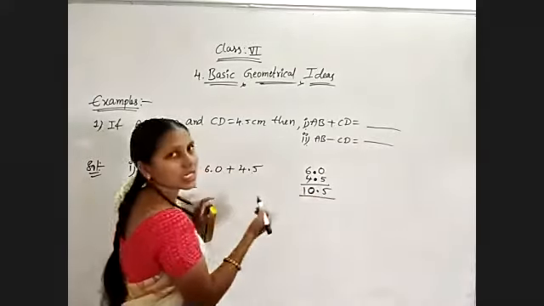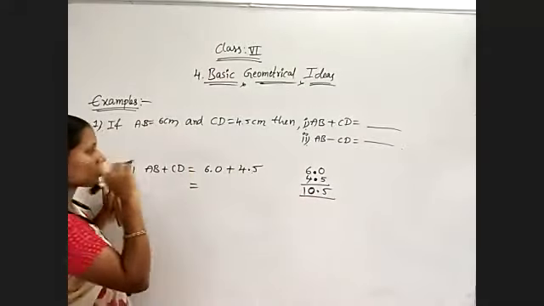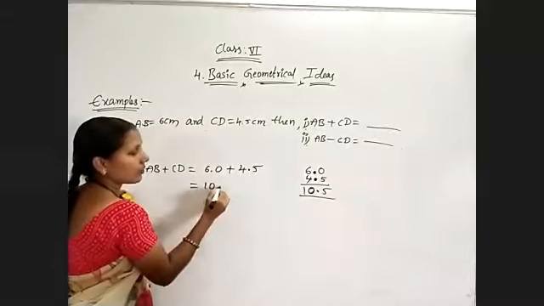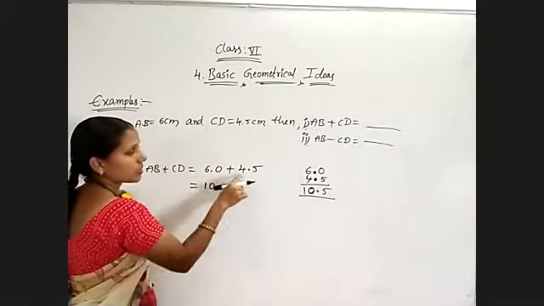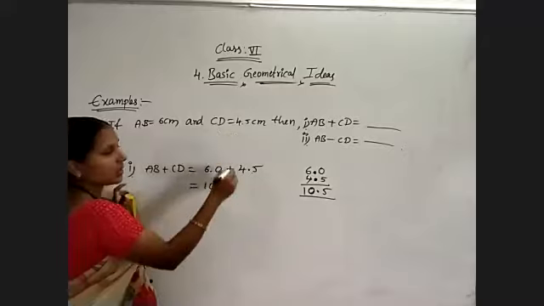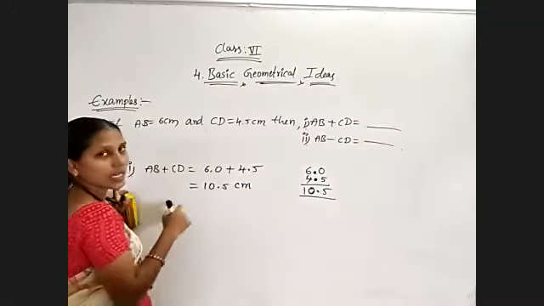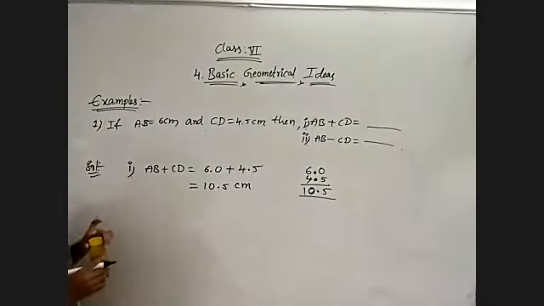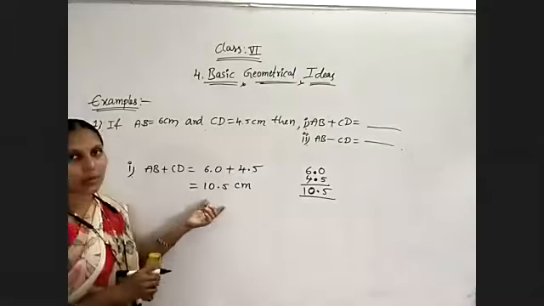So the result is 10.5. Because they gave the unit centimeters, as it is a line segment, we take centimeters as the unit. AB plus CD is equal to 10.5 centimeters.